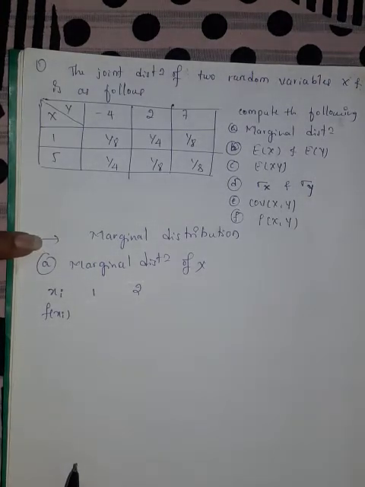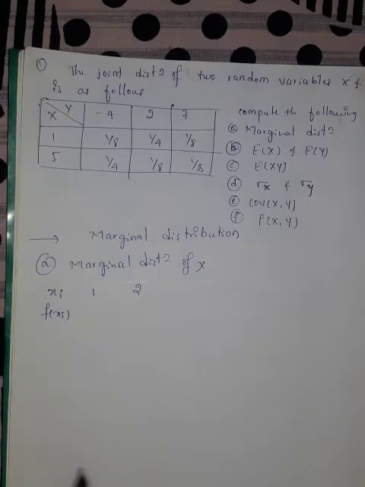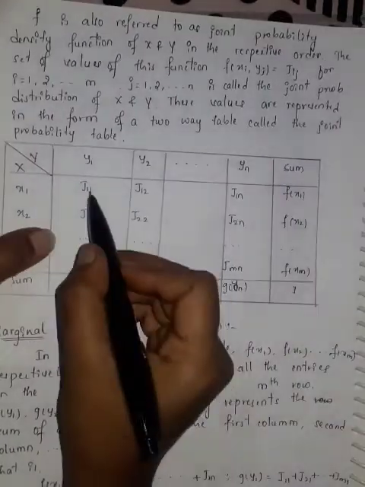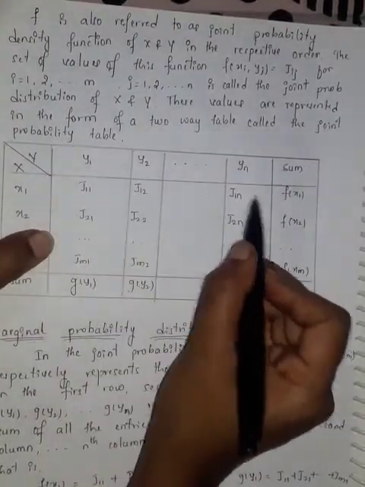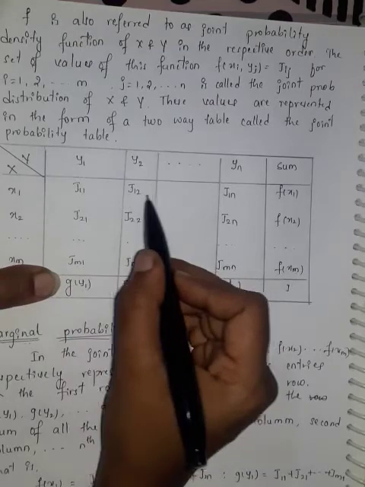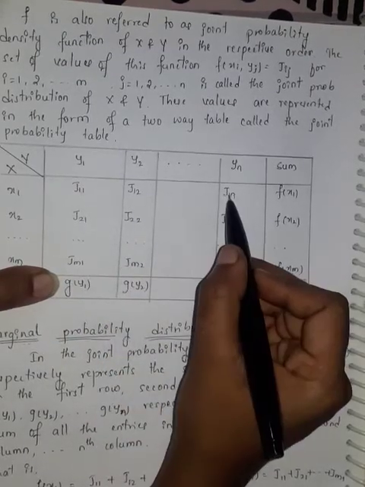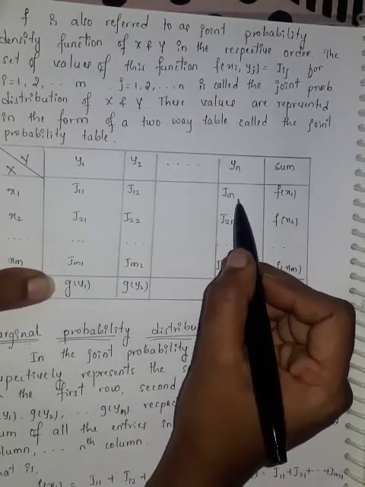Next is f of xi. How did we take the f of xi? f of xi is nothing but the sum of all these entries in the row, that is j11 plus j12 plus up to j1n.